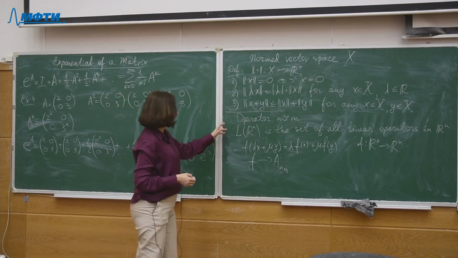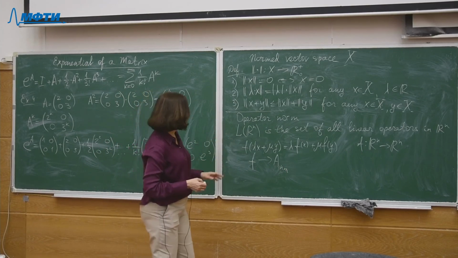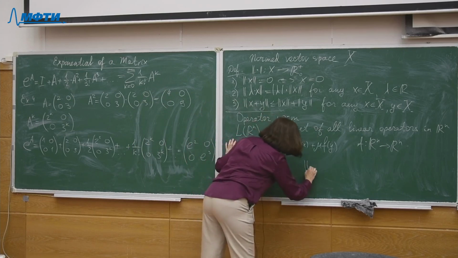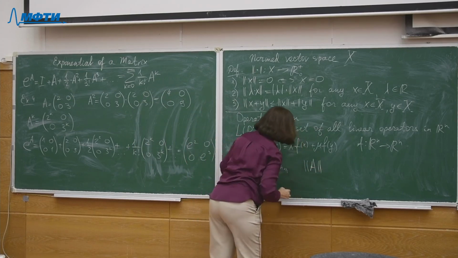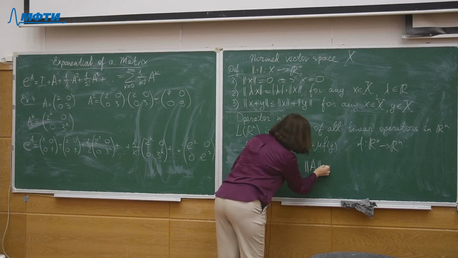Okay. So we can consider the set of all linear operators in Rn, and we can introduce the norm. So the norm of A by the following formula.